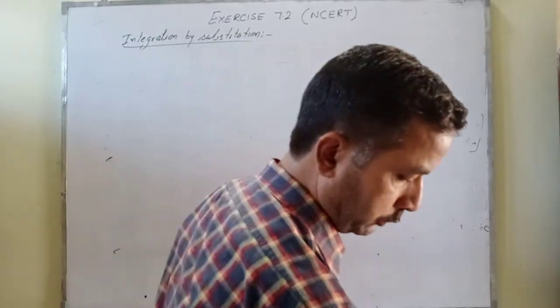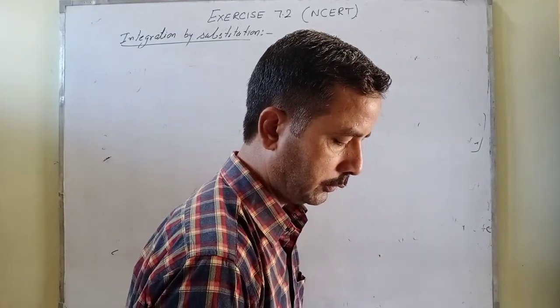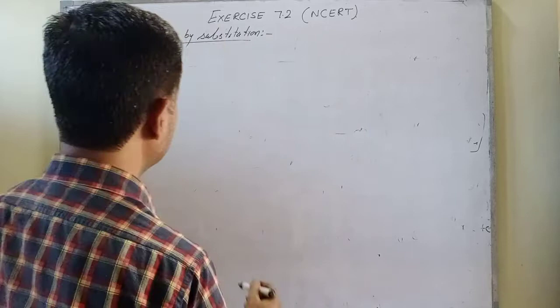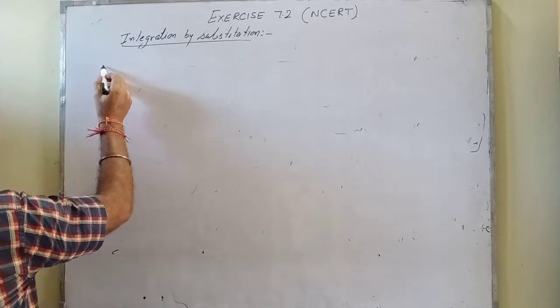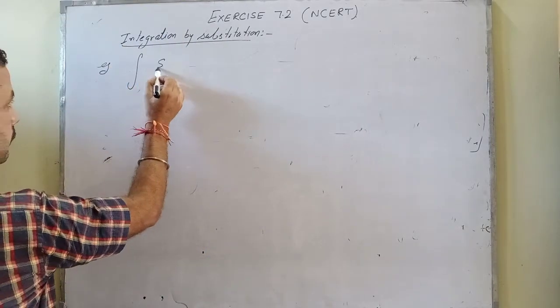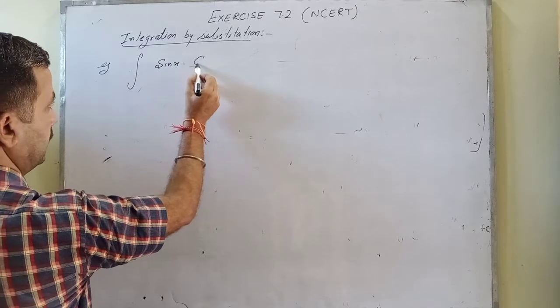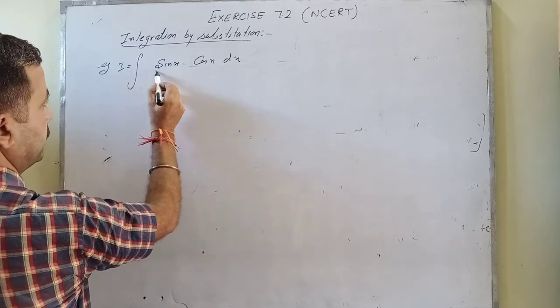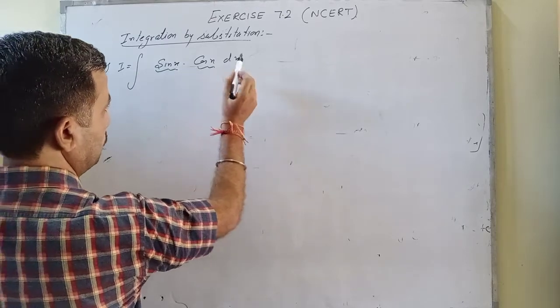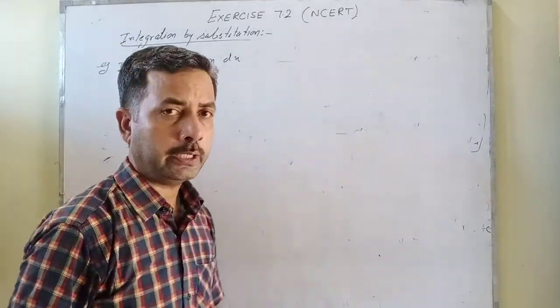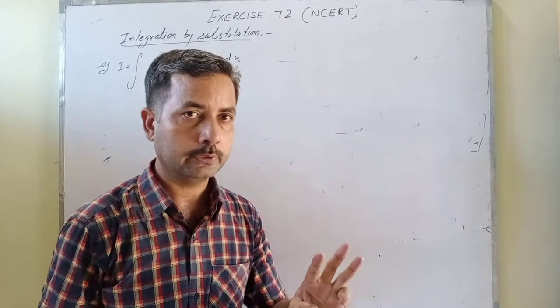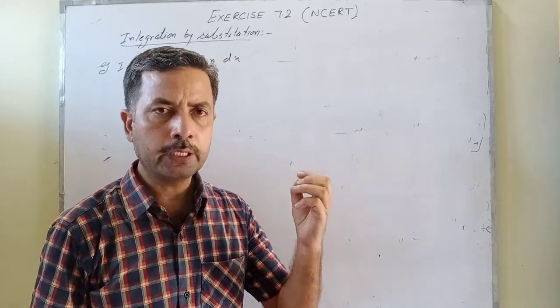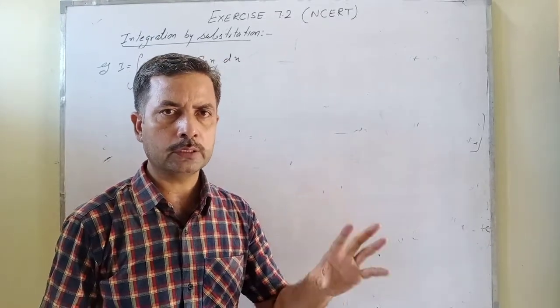So in exercise 7.2, I hope you can go for a number of questions, but one question is there. Let's also discuss that one. If we have a question such as sin x into cos x into dx, let's suppose this is the question: sin x into cos x into dx. So we have more than 3 ways to solve this question, and we can go with any one of the 3 methods or 4 methods or 5 methods.